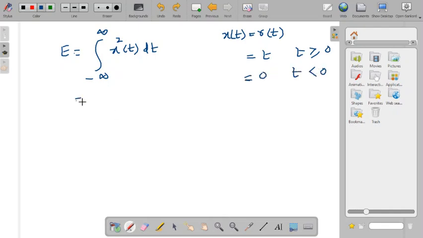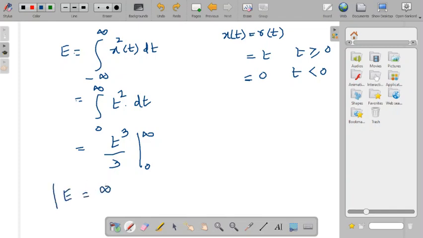So my limits of integration will be from 0 to infinity of x square t, which means t square dt. If we simplify this integration, we will get t cube divided by 3, and if we substitute the limits, the upper limit will be infinity and the lower limit will be 0. So this gives us energy equal to infinity. The energy of this signal is infinite.